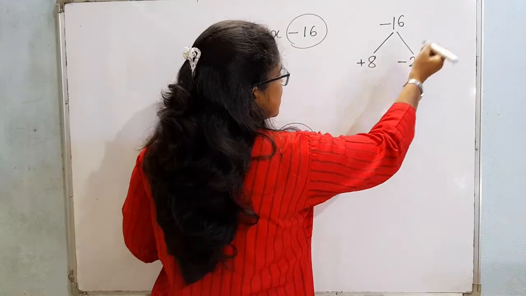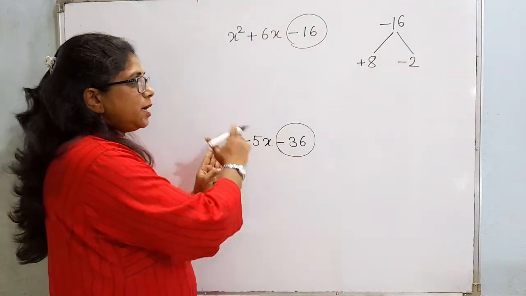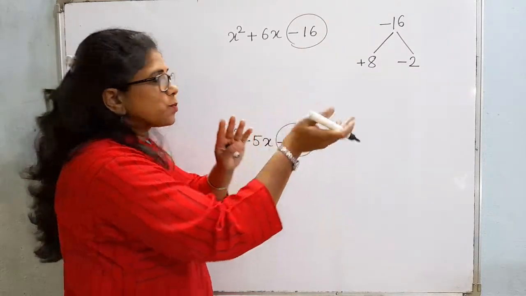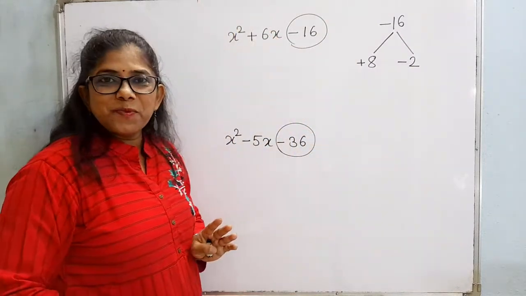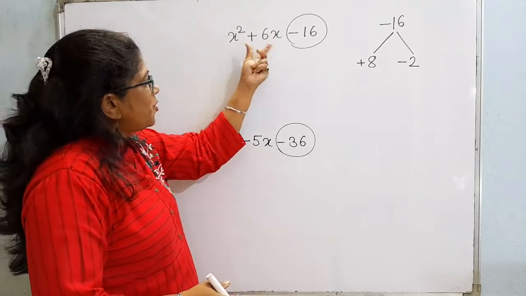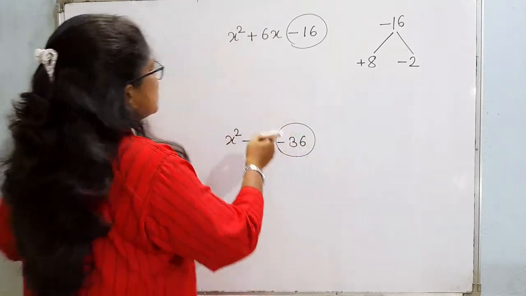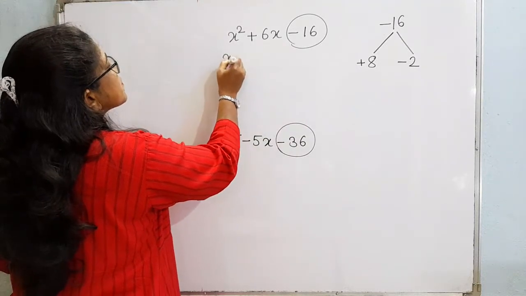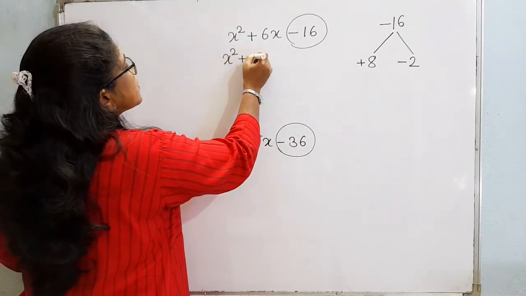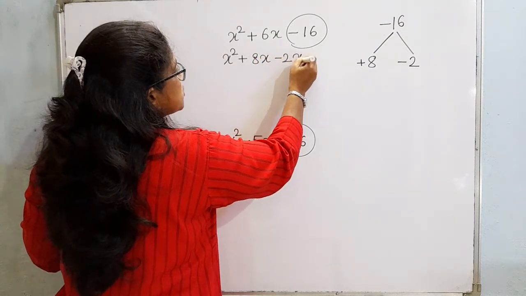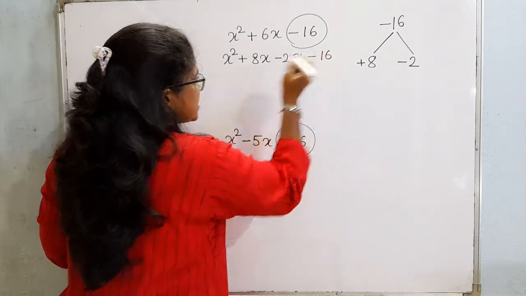Plus 8 and minus 2. Plus 8 into minus 2 gives us minus 16. Plus 8 minus 2 will give us plus 6. Now we got the two numbers in which we have to split the middle term. So let's solve this sum now. X square plus 8x minus 2x minus 16.